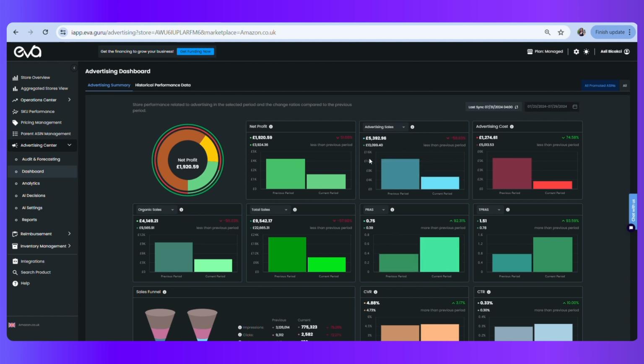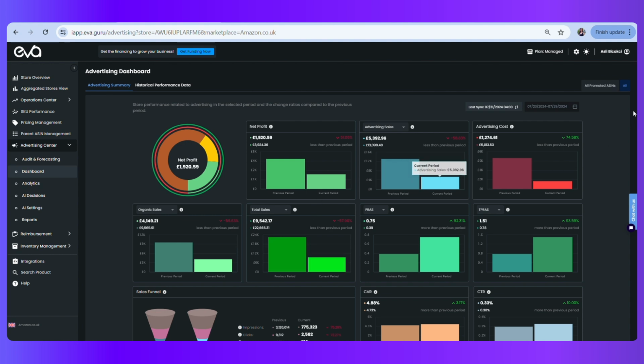ACOS also does not change. PROS and ROS do not change. But you will observe a difference in TPROS, TACOS, total sales, organic sales, and also net profit data. Let's go like this.